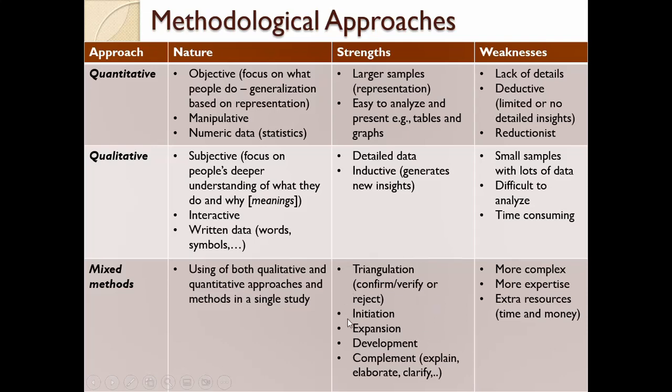You can also use that information to expand on information from the other approach, or develop new insights, or even complement, explain, update and clarify information that is generated from the other approach.